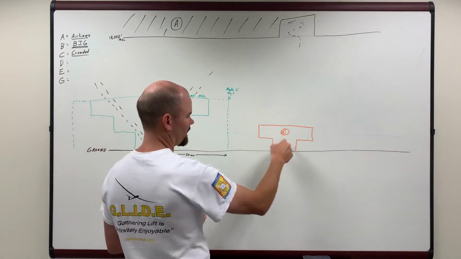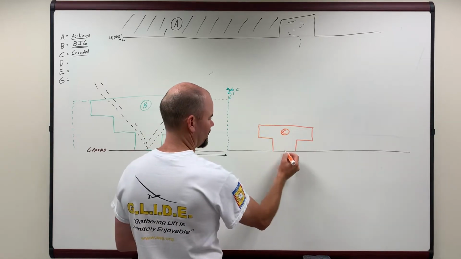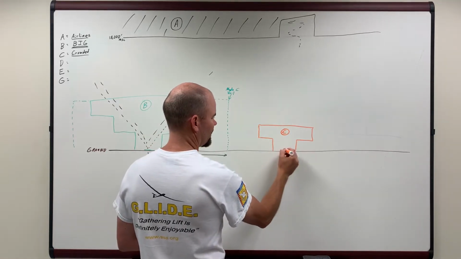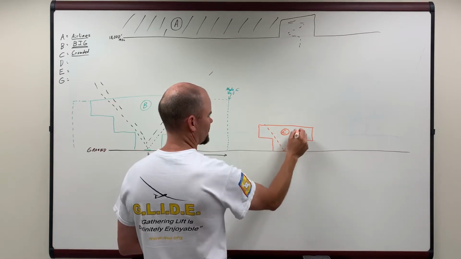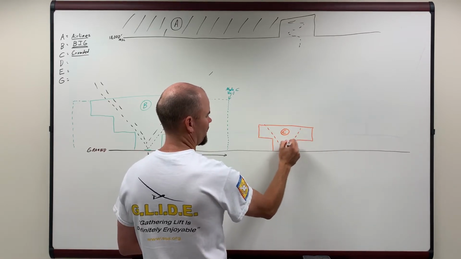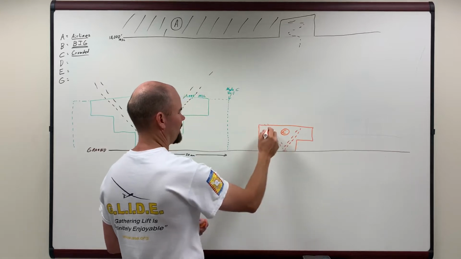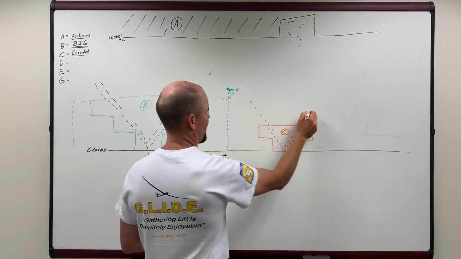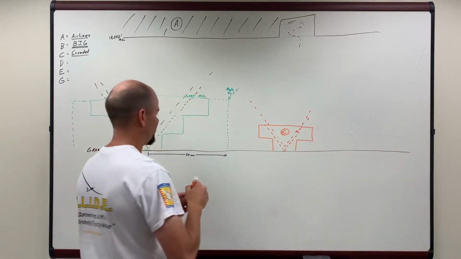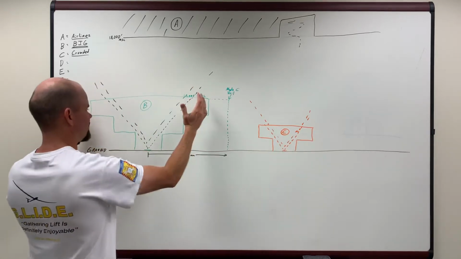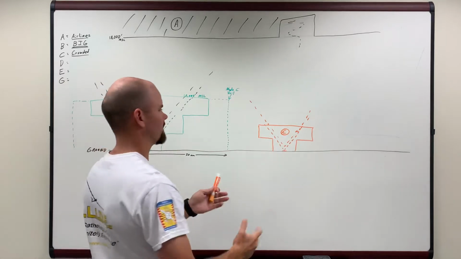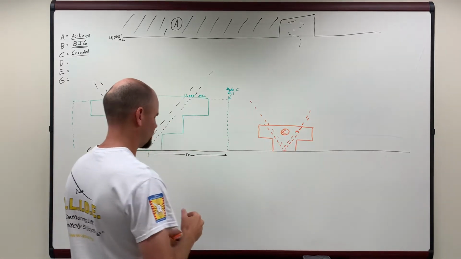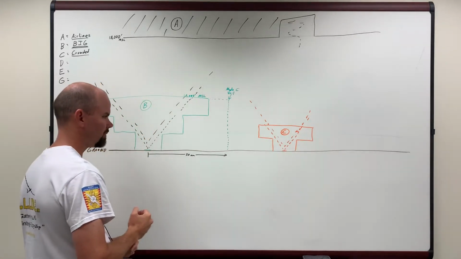Now, this protected Class Charlie airspace is there for the same reason as Class Bravo. There are a significant number of airplanes coming out of these, flying up to greater heights, but it's not nearly as many as a Class Bravo, so it's not quite as serious an airspace as far as having to have tight controls.